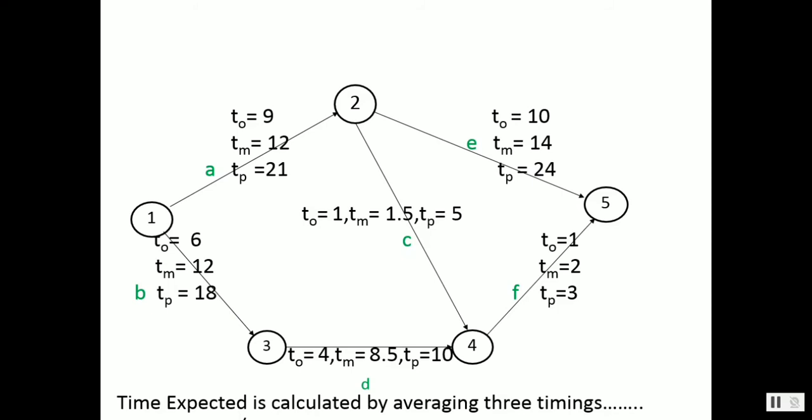In C, that is 2, 4, optimistic 1, most likely 1.5, and pessimistic 5.